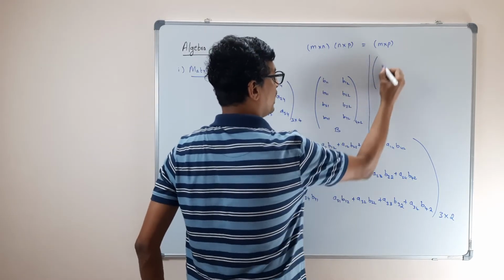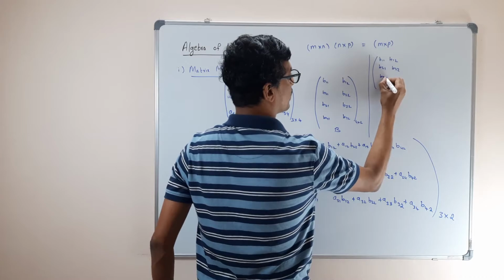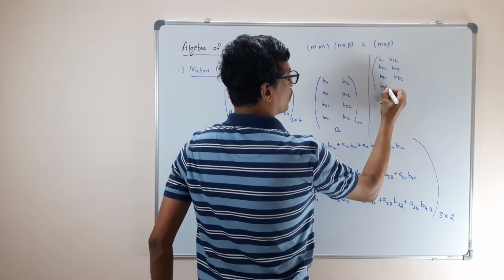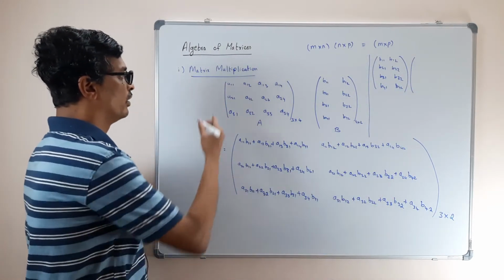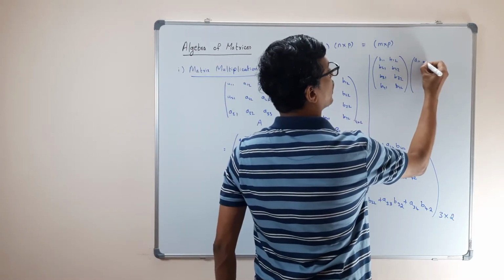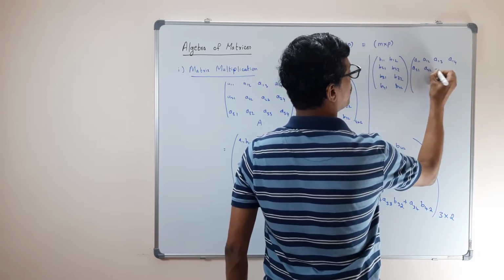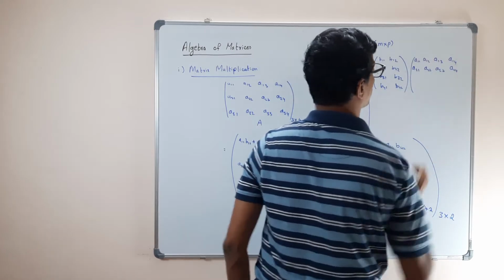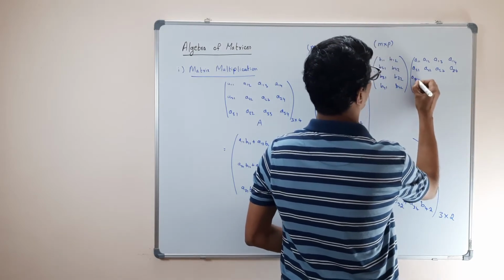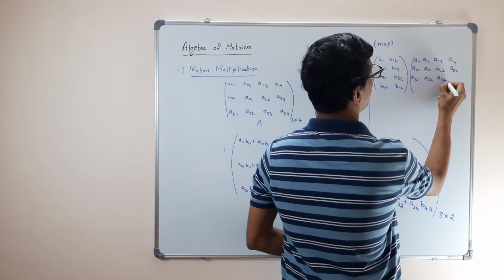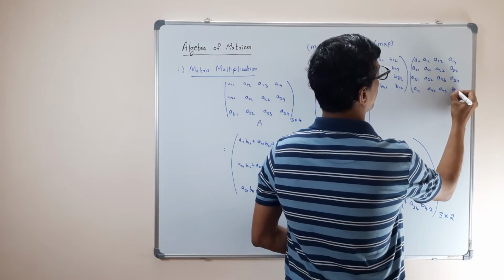So the matrix will be B11, B12, B21, B22, B31, B32, B41 and B42, multiplied by A11, A12, A13, A14, A21, A22, A23, A24, A31, A32, A33, A34 and A41, A42, A43 and A44.